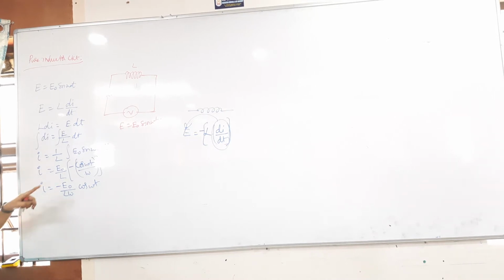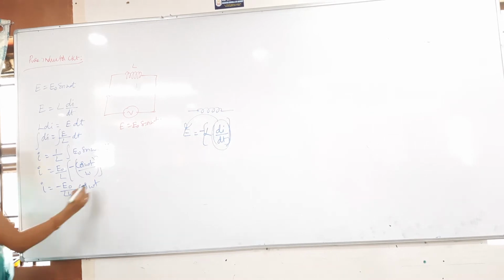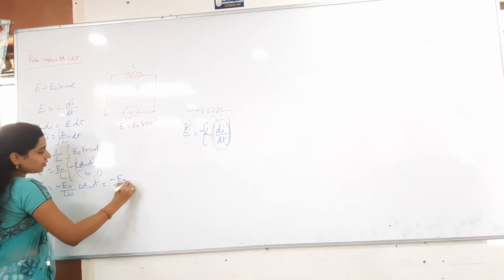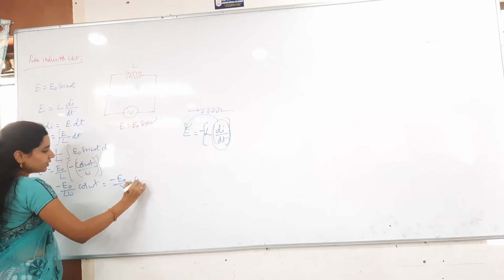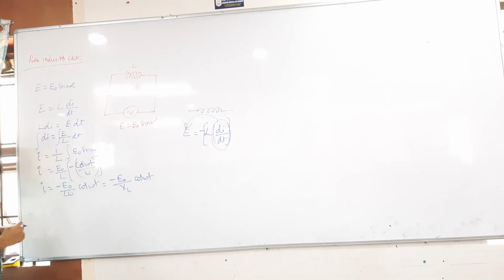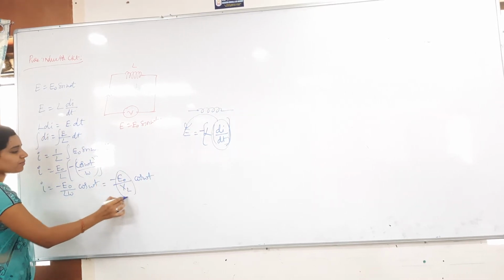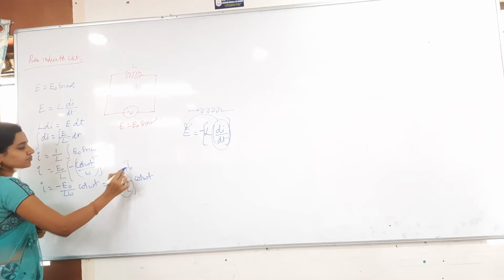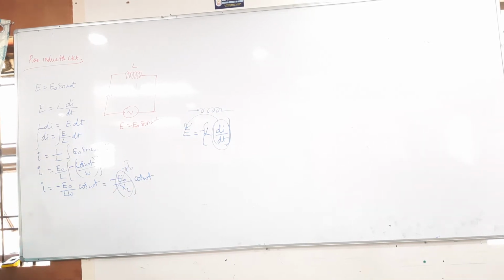This resistance is the inductive reactance, denoted by XL. XC is the capacitive reactance, XL is the inductive reactance. So I is minus E naught by XL into cos omega t, which becomes minus I naught cos omega t.